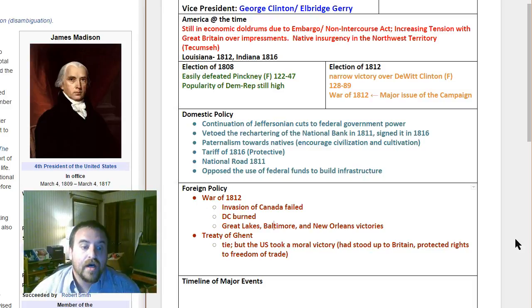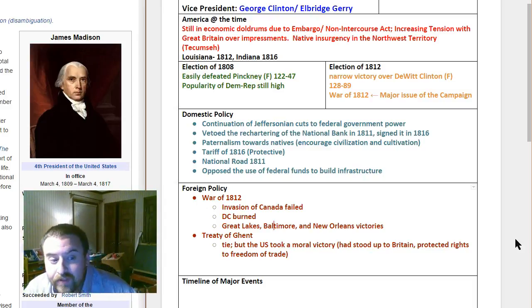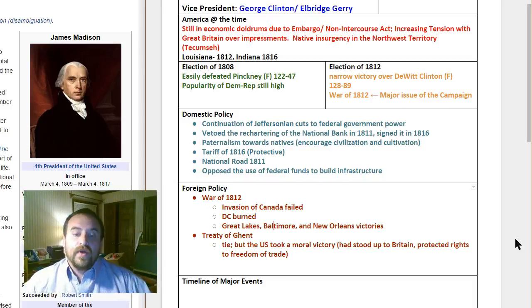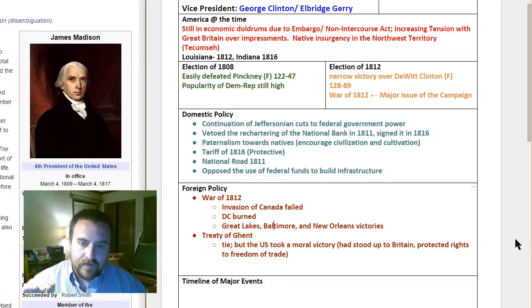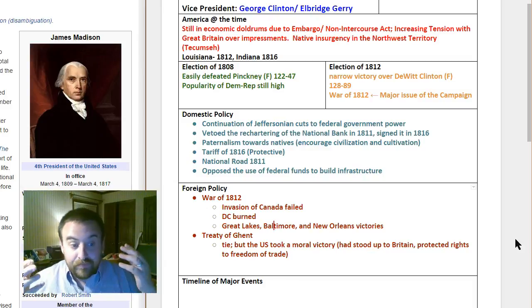And thinking of it in political history, since we're talking about a president here, a tie with that moral victory is just as good as an outright victory. It gives the Democratic-Republicans something strong to run on. And if we also remember, on top of this, the Hartford Convention is going to kill the Federalist Party.